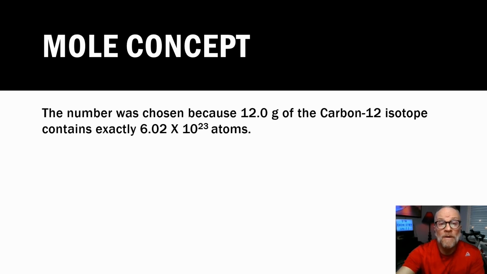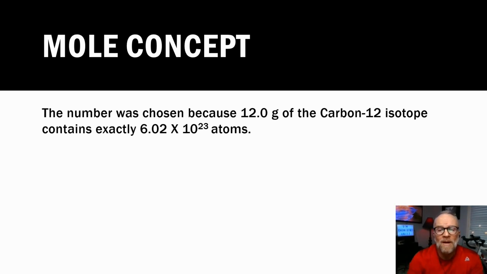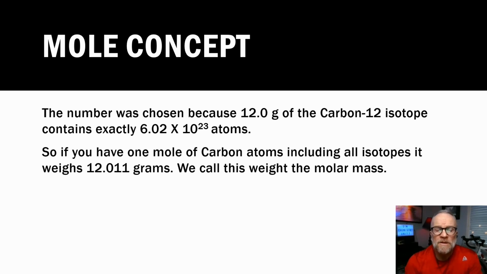Of course, carbon makes up all of life forms, and so that particular substance was used because it's so vital in all that we do. So if you have 1 mole of carbon atoms, including all isotopes, it weighs 12.011 grams. We call this weight the molar mass.